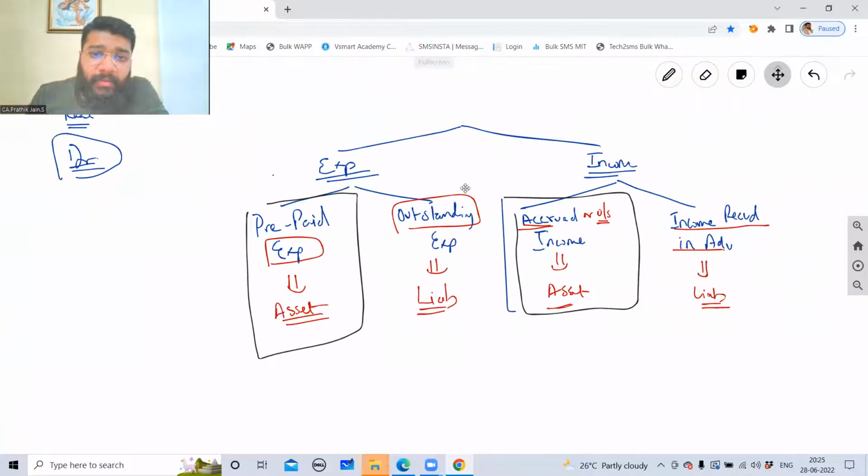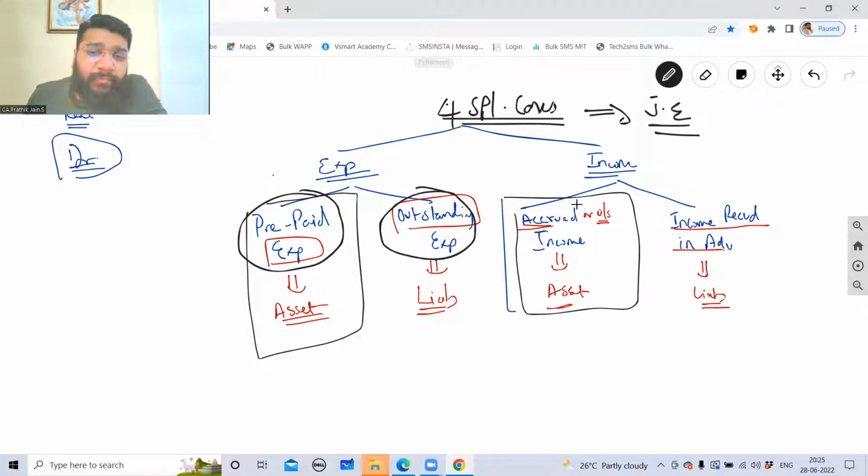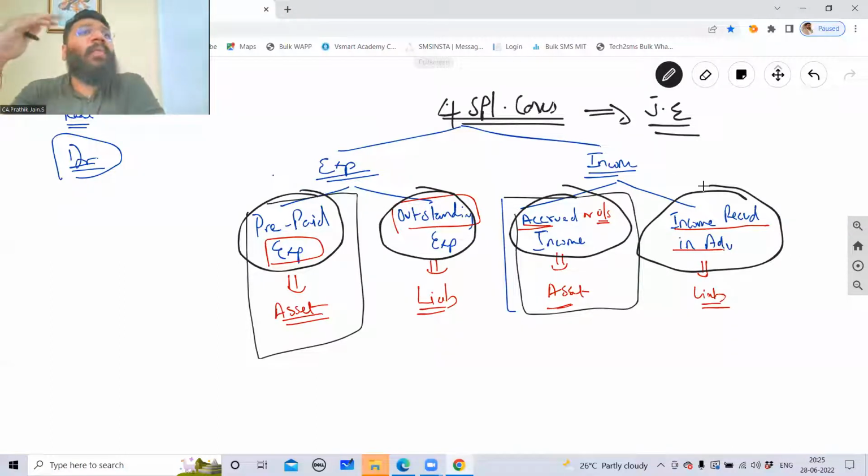Yeah, here it is. These are four special cases which I'll discuss in the journal entry chapter, because for each one I'll discuss an example. When I discuss it with a proper example, only then will you understand why it is an asset and why it is a liability. If I take it now, it will be too much of a burden. There's certain information I'll give you now, certain later.